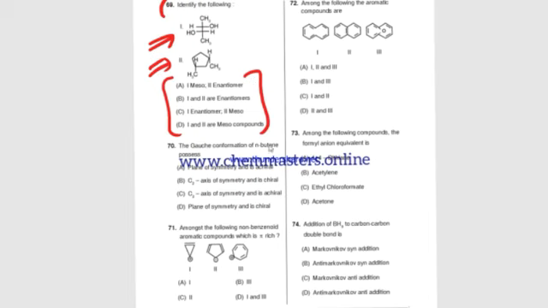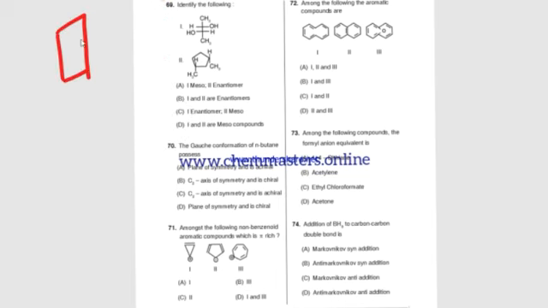Now, in general, if we find a plane of symmetry in an organic molecule, just listen carefully, then that molecule is optically inactive and we can say it is achiral in nature.